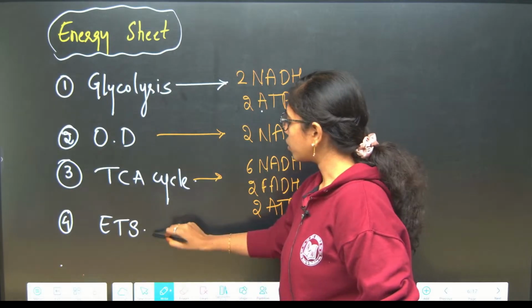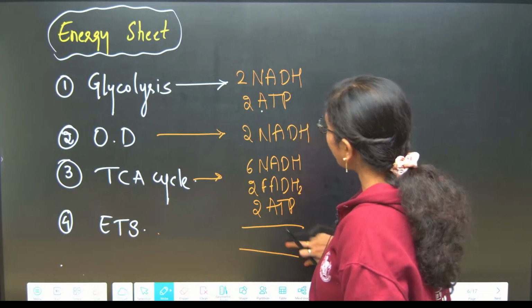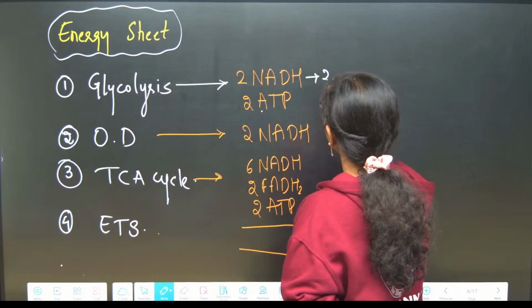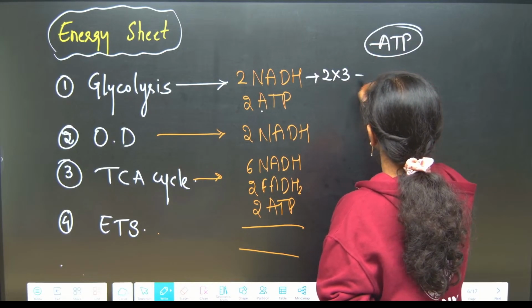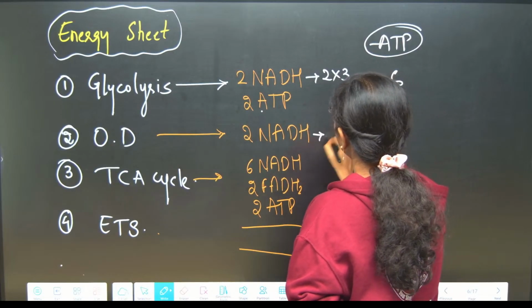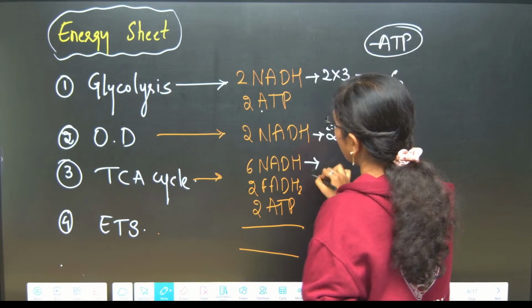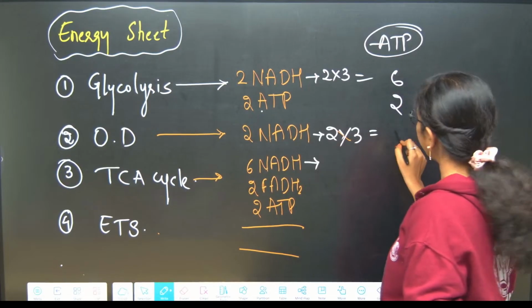Fine. Electron transport system we will look at after the complete energy sheet. Now, this we have to convert into ATP, right. So, 2 into 3, how much ATP? 6 ATP, and here 2 into 2, 4 ATP.